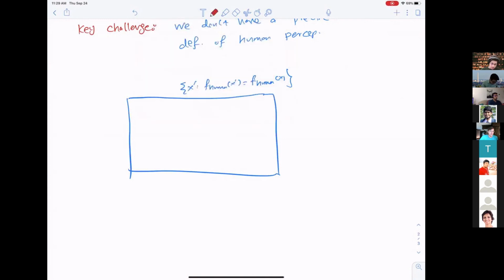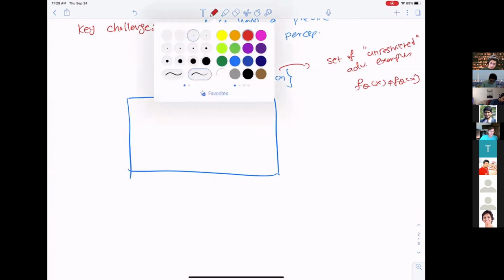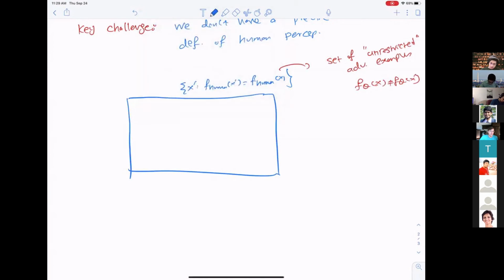This is basically the set of unrestricted adversarial examples for that particular X for a given model. And obviously we are assuming the label is going to be flipped under the model. All right, so a subset of this bigger set that we consider is the set of imperceptible adversarial examples.